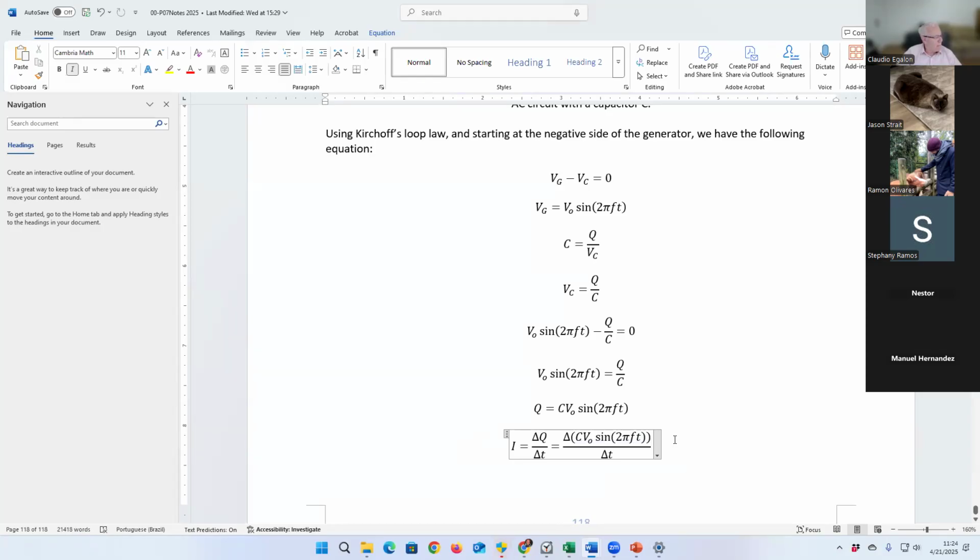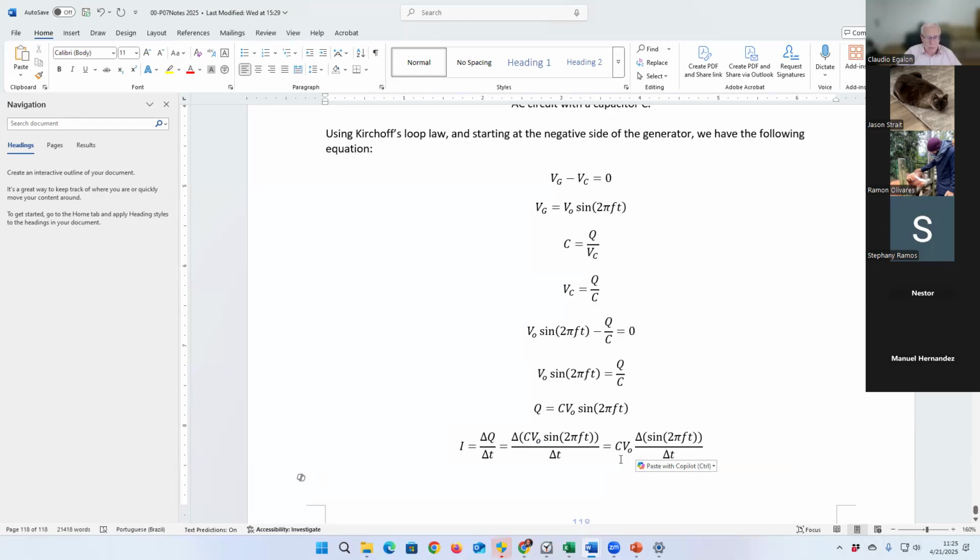Because C and V naught are constants in time, they can be taken out of this delta T.